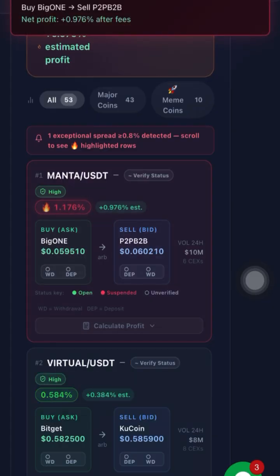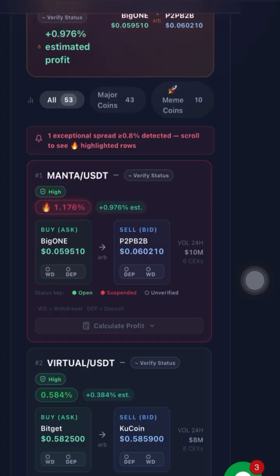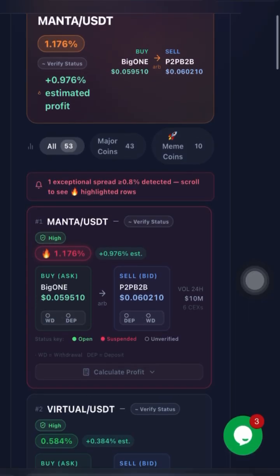This is the scanner, the best crypto arbitrage scanner in 2026, and you already know it. People who are using this to do their exchange to exchange can testify to it.